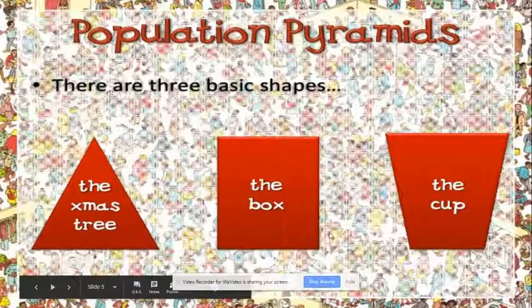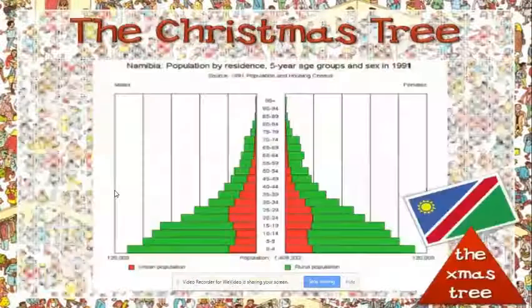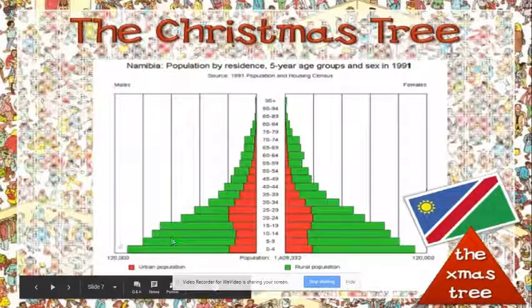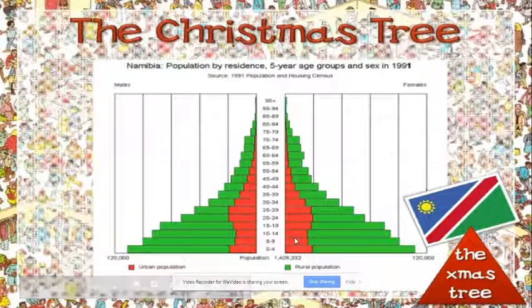You never really see totally equal shapes, but we'll look at some examples. In the triangle, birth rates are high, life expectancy is relatively low, and because so many children die at relatively young ages and people don't get very old, the population growth is pretty slow. Here's an example. This is Namibia in Africa in the year 1991. You can see a really high birth rate, and you often see this in developing countries. Even in the United States, years ago, people like my grandmother had 11 brothers and sisters.